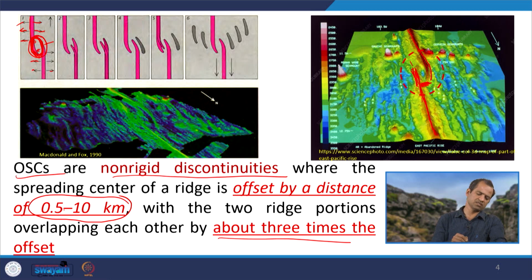At this stage, this segment is the spreading ridge, this part is called the offset, and this part is called the overlapping spreading center, and mostly the overlapping is around 3 times the offset amount.